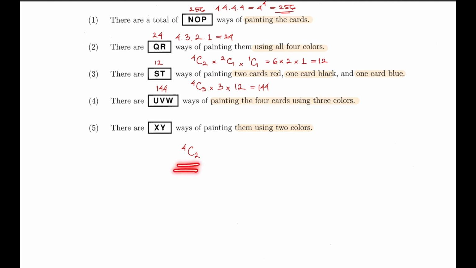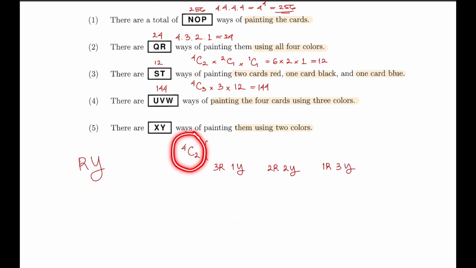After I get 2 different colors, let's say I already picked red and yellow, there are still other possibilities. It can be 3 red, 1 yellow, or 2 red, 2 yellow, or 1 red, 3 yellow.